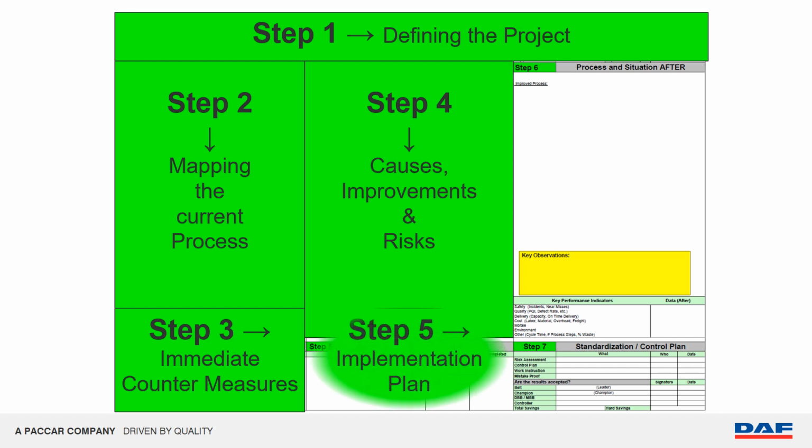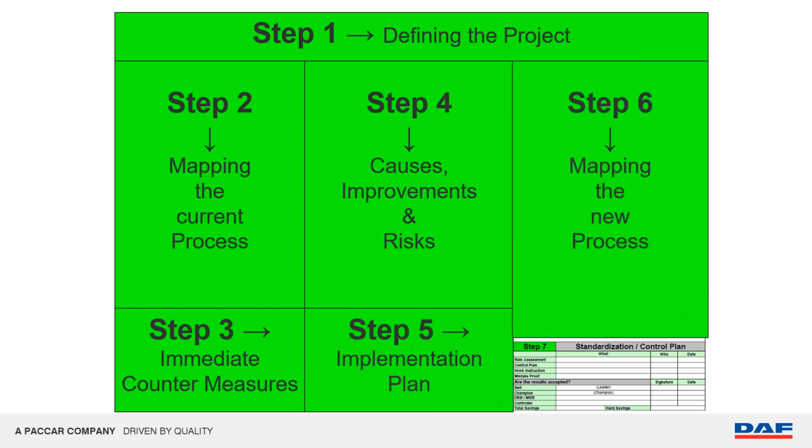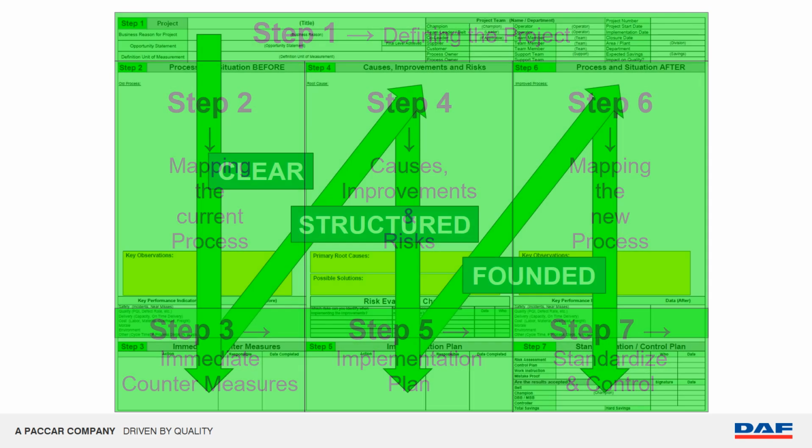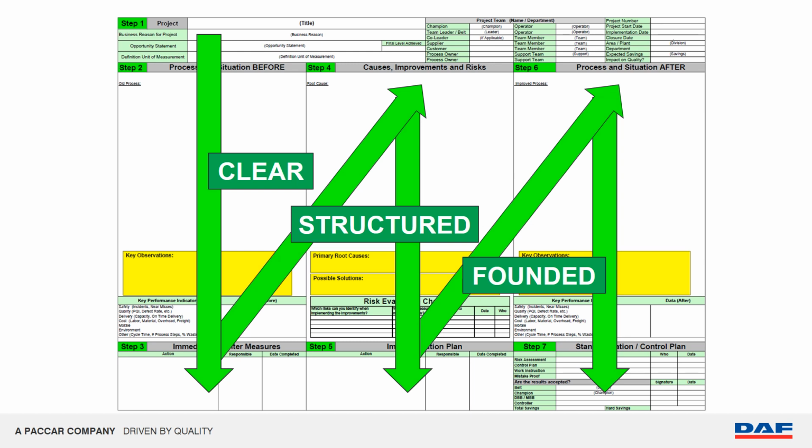Implementing our changes. Then mapping the new process, ideally using the same process map you did at step 2. And making sure your new process is sustained, so even when you leave, your new process remains. Clear, structured, and founded.